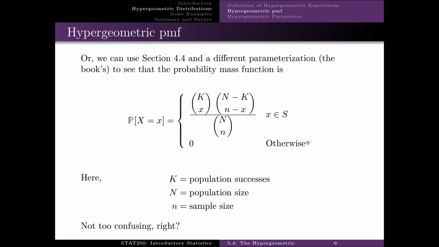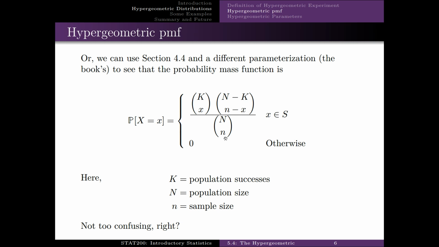Here's another one. Here, k will be the population successes instead of little m. N will be the population size, which means n minus k will be the population failures. X will be the successes in your sample, n minus x will be the failures in your sample. Here, n will be the sample size, so choose n will be the denominator.